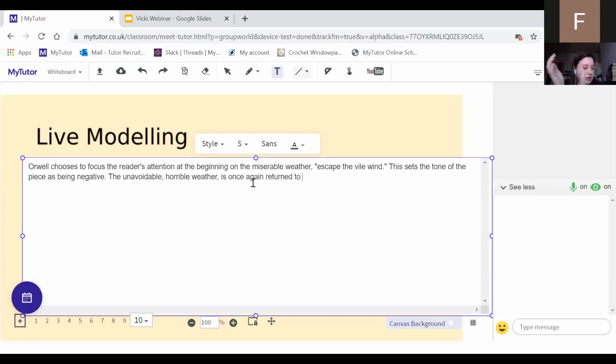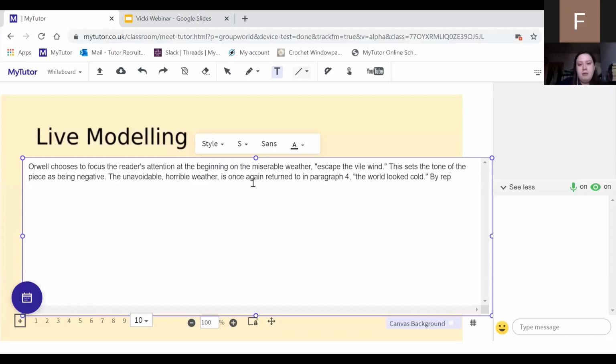The focus is the same later on. So return to in paragraph 4. So I'm making it clear that I know which paragraph it's in. Right. The world looked cold.